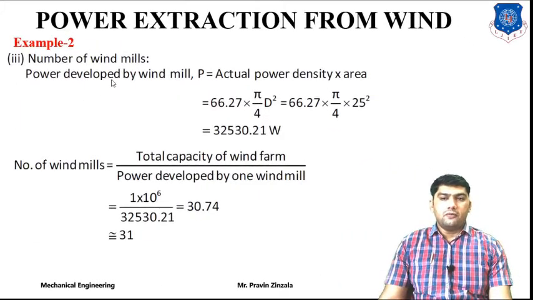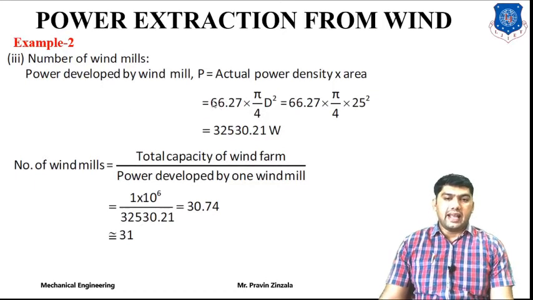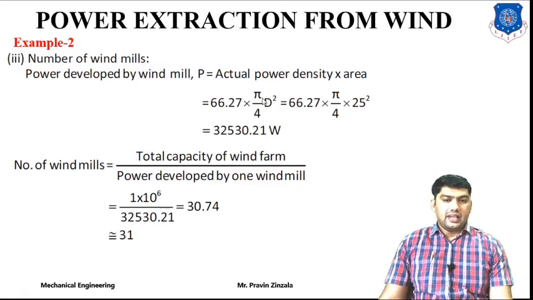Third, the number of windmills in the wind farm. First of all, we also have to calculate the actual power, that is power density into area. So area is equal to pi by 4 d square, and the diameter is also given in the data, 25 meter.